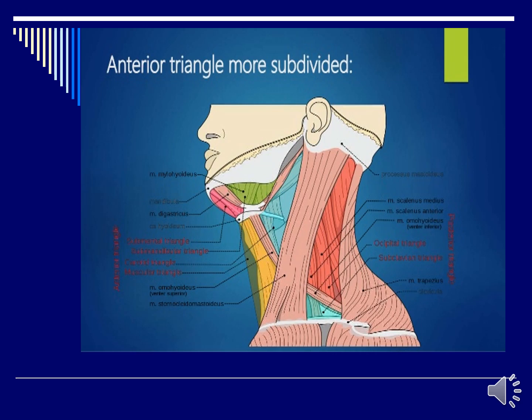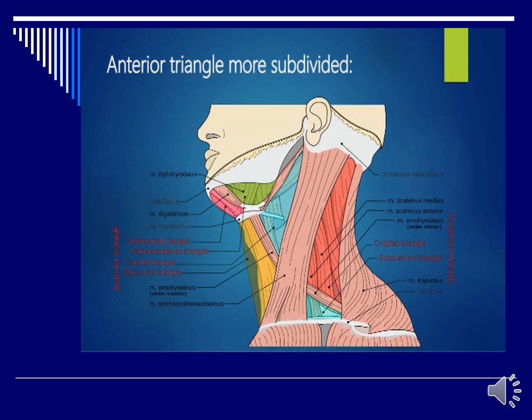The submandibular triangle is between the two bellies of the digastric muscle and the inferior border of the mandible. The submental triangle is between the anterior bellies of the digastric muscles, with its apex at the genion of the mandible, and the floor of the triangle is the hyoid bone.